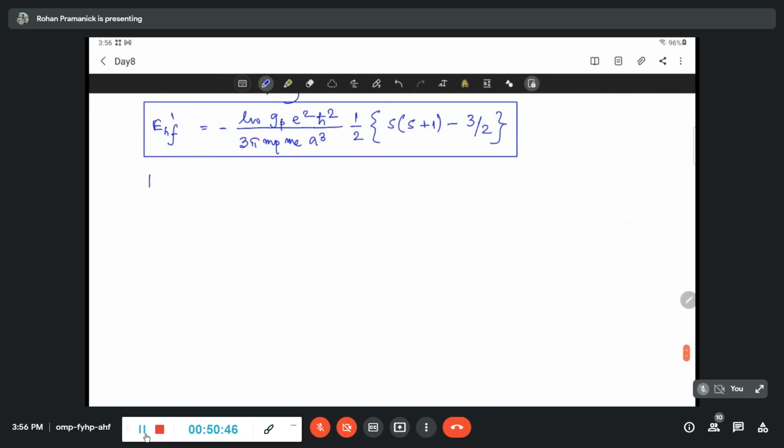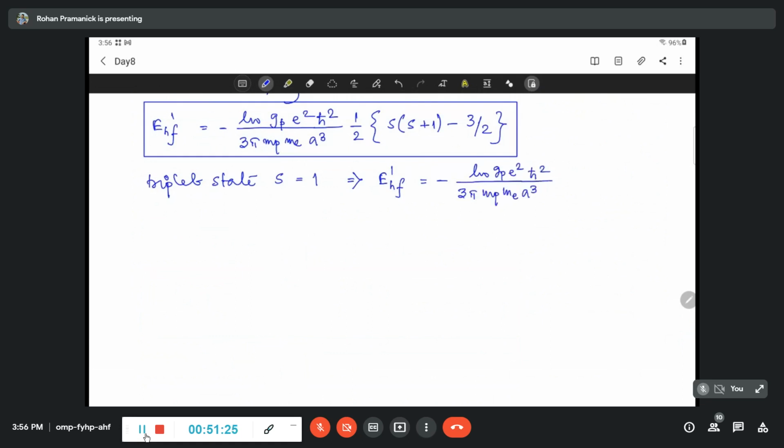So if it is the triplet state, then S, the composite spin, becomes 1, and this expression E_HF1 gives you minus mu naught by 3 pi h-bar squared.